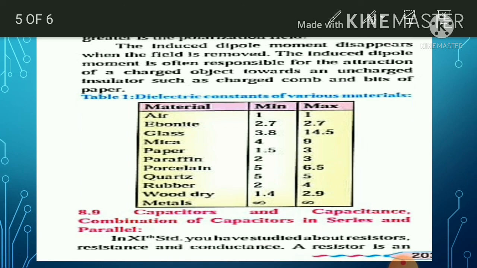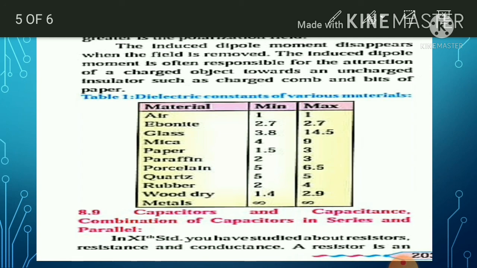This chart is very essential to the study. Then the next point is capacitors and capacitance, and combination of capacitors in series and parallel arrangement.